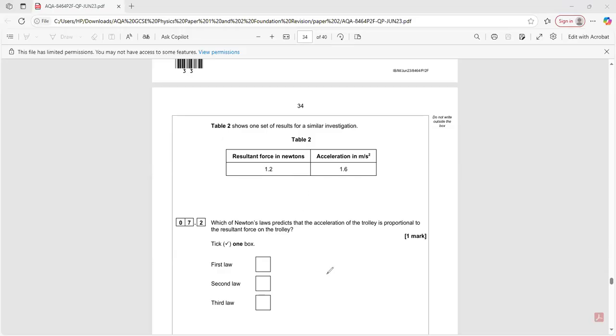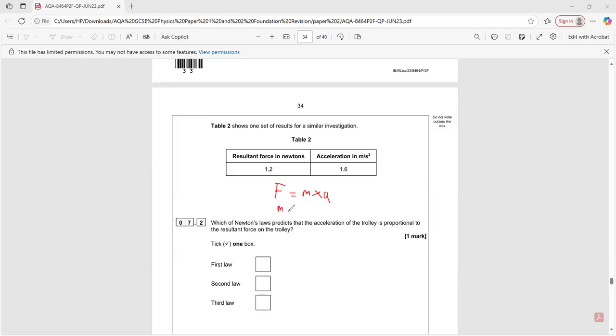Okay, so this is the whole idea. We are going to use this table, but we have to find the mass of the trolley first. So force equals mass times acceleration. In this case we're not dealing with the weight of the trolley, because it's not in the downward direction. So let's find what mass will be.